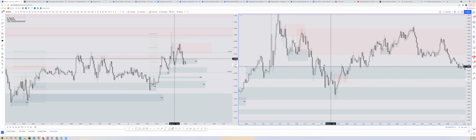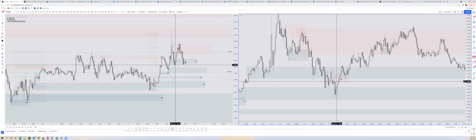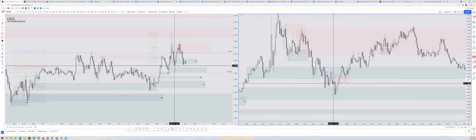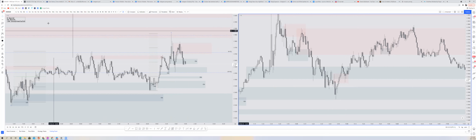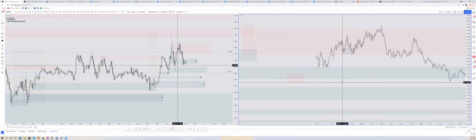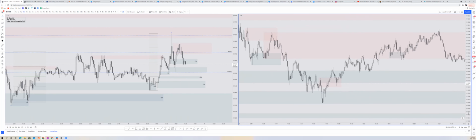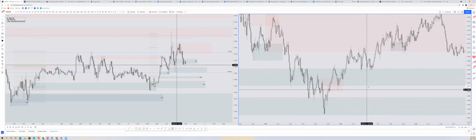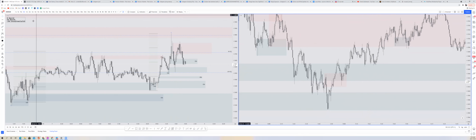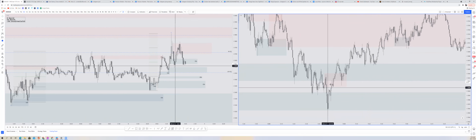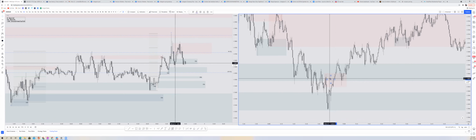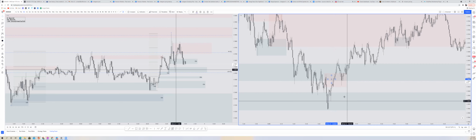Well, okay. So anyway, there was a setup in here. So you put your supply in here, and then this one was actually clean on the 30-second. Basically, you go down and you look for the same thing you would look for on the 1 minute. It's just more precise. So again, you have your initial reaction point inside the supply, and what took out the reaction point.